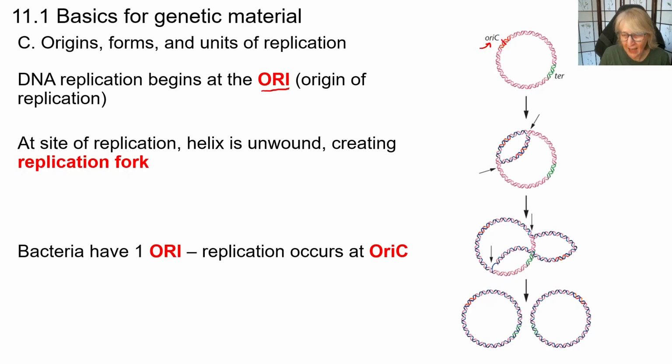When I do that, I open up a replication bubble at the origin of replication, and it forms two forks, or replication forks. Here is a fork, and here is a fork.